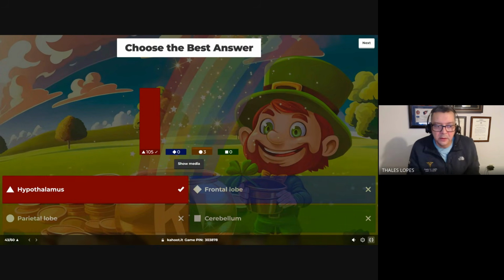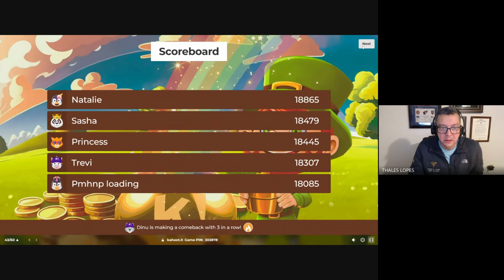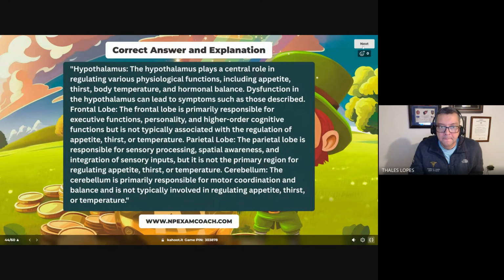Yes, absolutely. The hypothalamus, remember circadian rhythm. Okay, very, very important. Appetite, hunger, hormones, body temperature, that is all the hypothalamus.